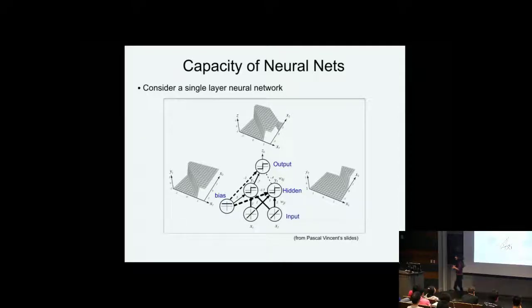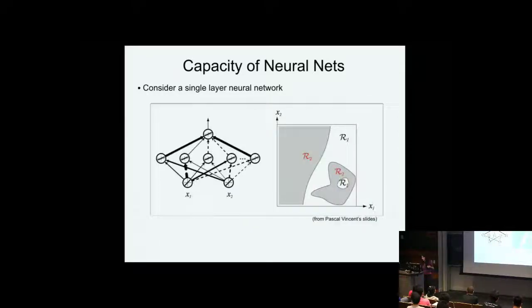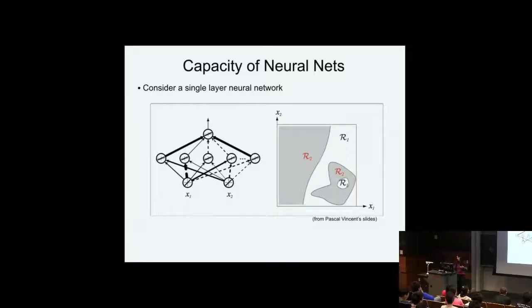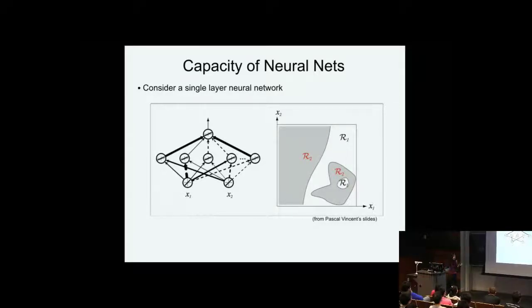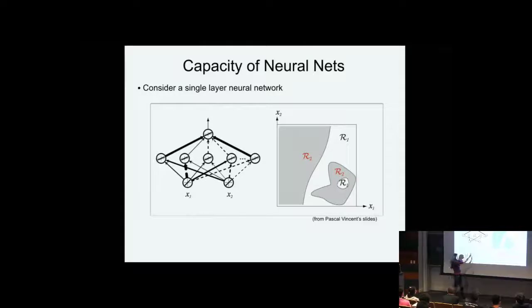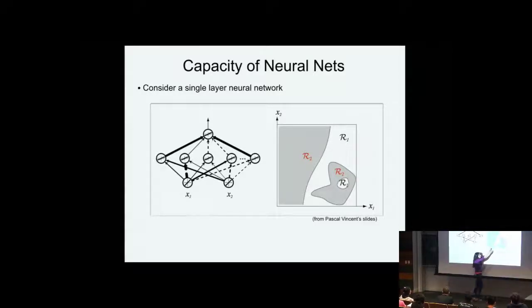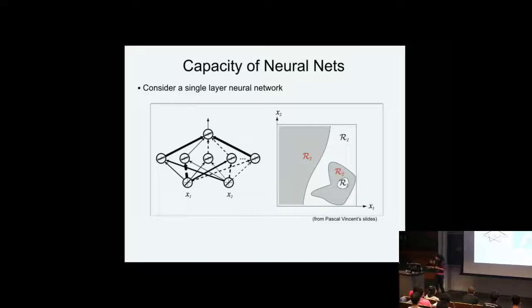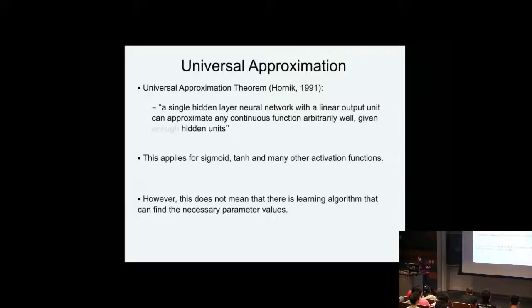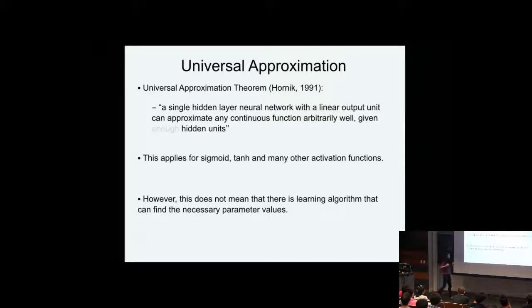So that's why it can arbitrarily approximate any function that you want. The first layer had this very simple partitioning, and as you go one layer up, you have this super complicated partitioning, right? Very beautiful. Now, if you have enough hidden layers, you can partition the space arbitrarily well.